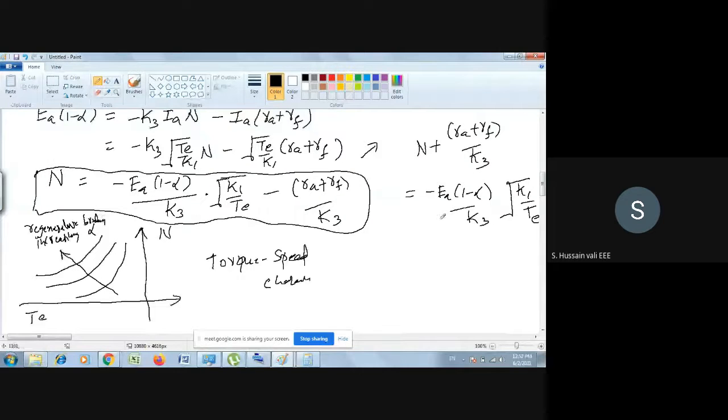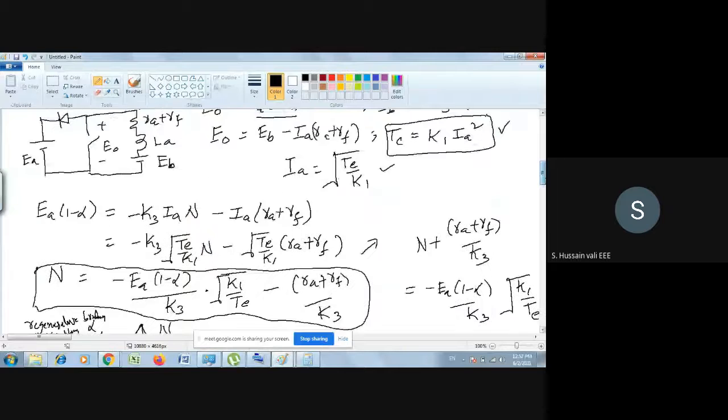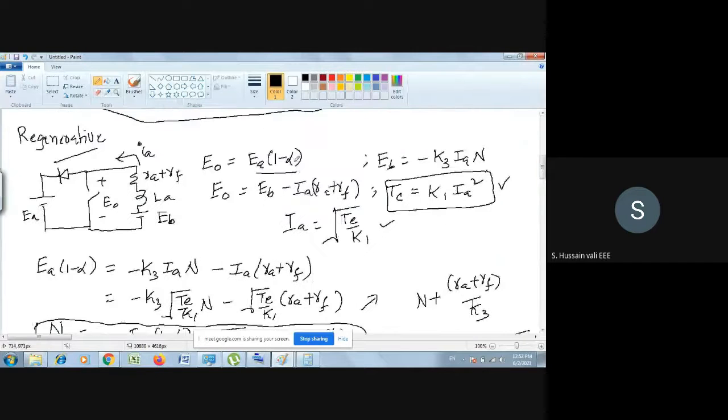Simplifying these equations, please recall that E naught is equal to E into 1 minus alpha. Then you have seen that the current gets reversed. When the current gets reversed, what is the equation you will get now? EV is equal to E naught plus IA, the equation which I have written here.